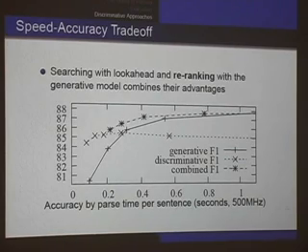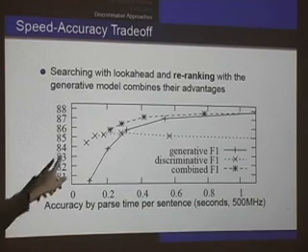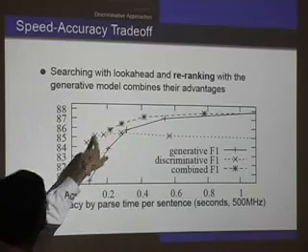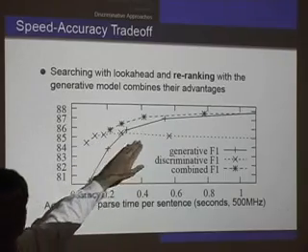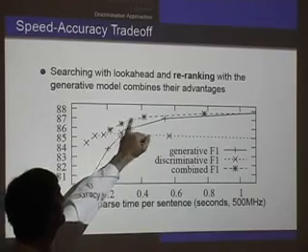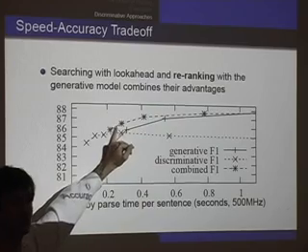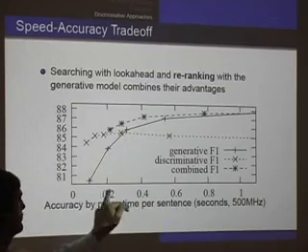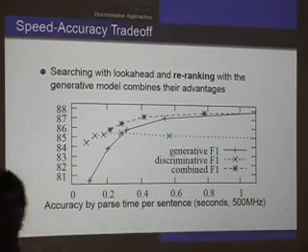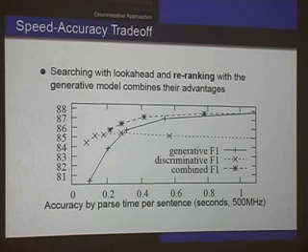And then we get this nice curve here that smooths out between the two curves. So we can get good performance even in this region where we're running fast. These absolute numbers aren't appropriate, I ran these experiments a long time ago, but that's the kind of curve you get if you prune the search with a lookahead model, and then choose the best parse with the more accurate generative model.